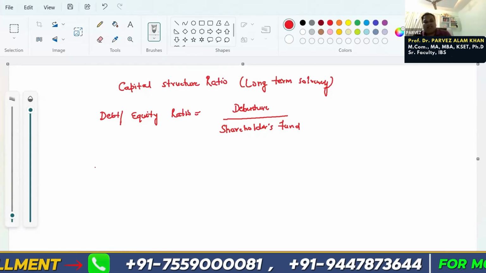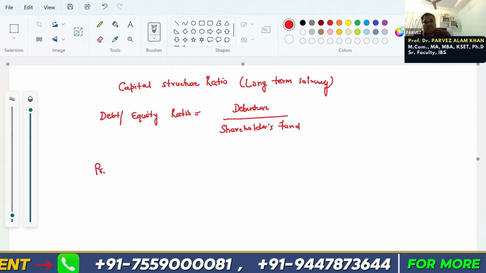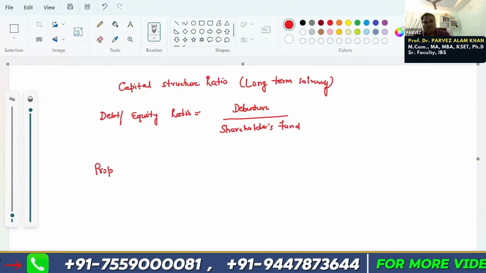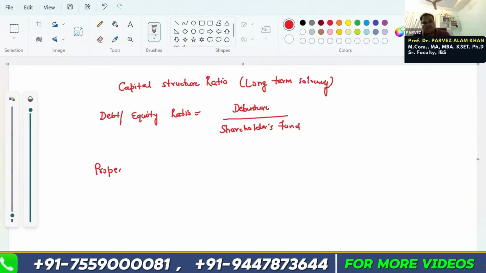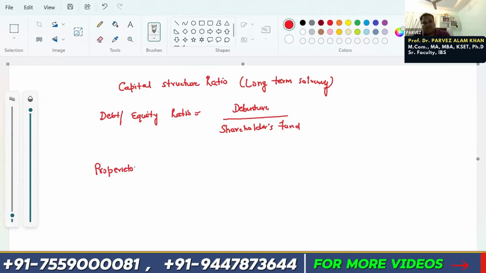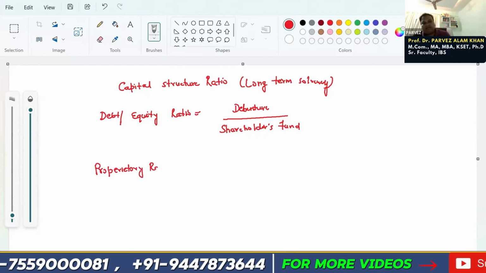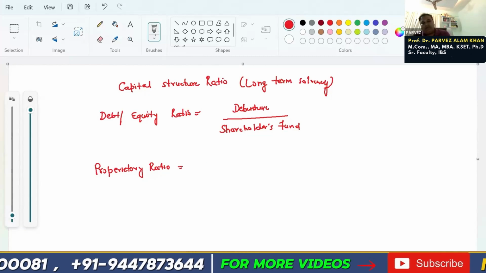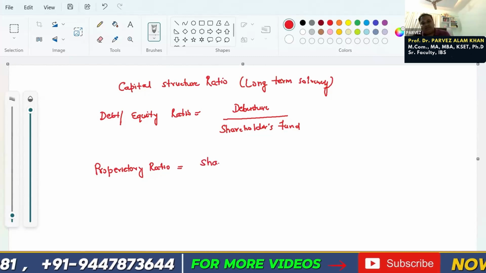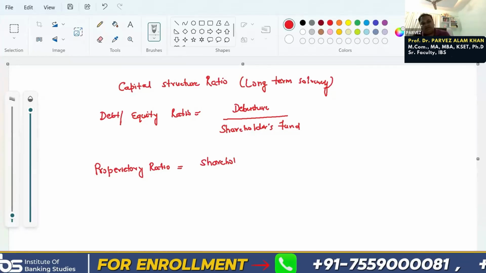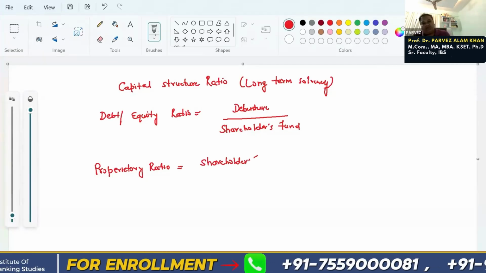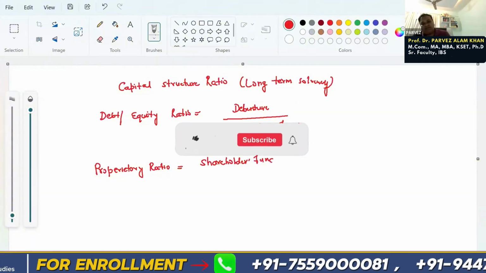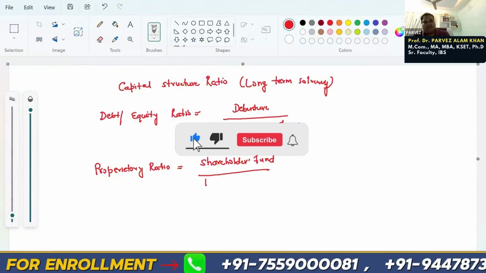Second formula we have called as proprietary ratio. Proprietary ratio means shareholders fund divided by total assets.